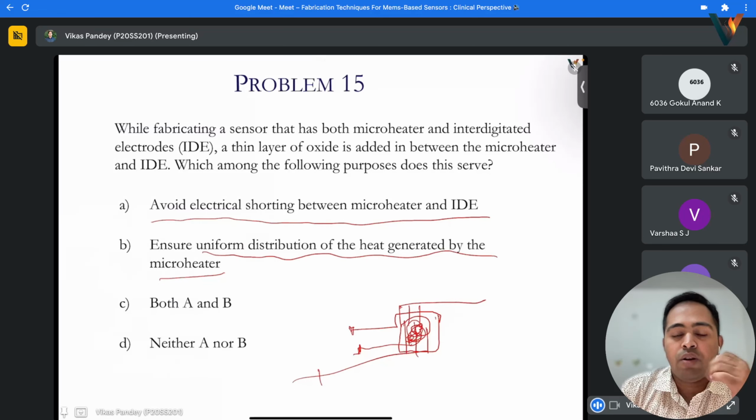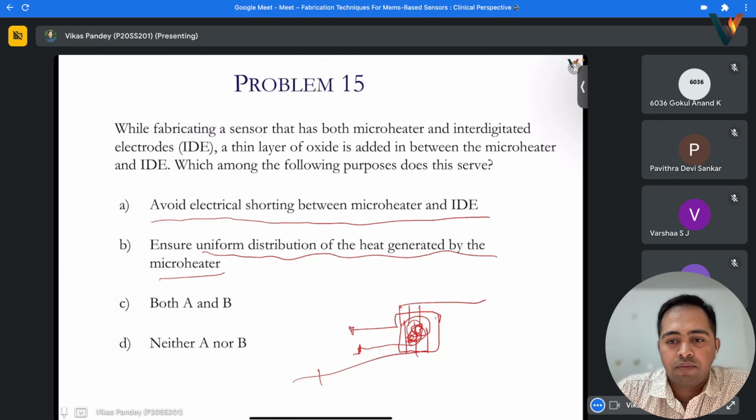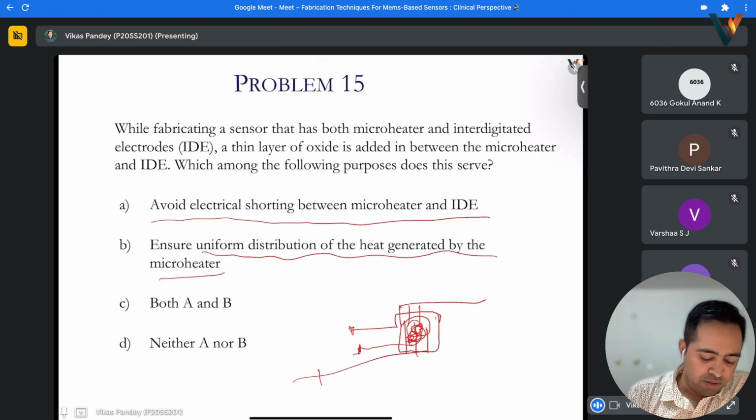Or is it A or B? Yes. Anyone? Both A and B. Okay.